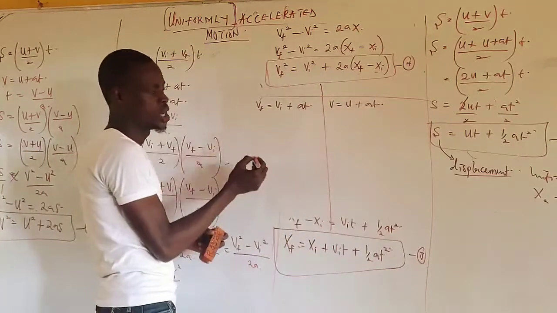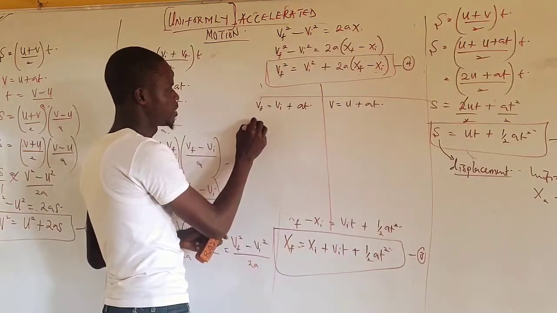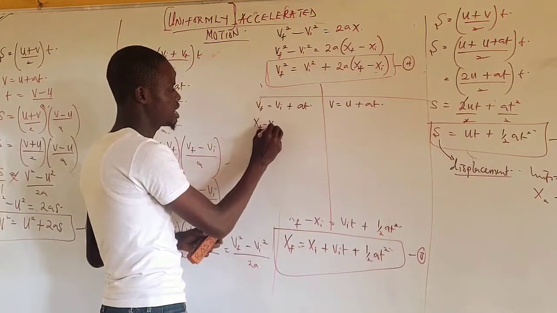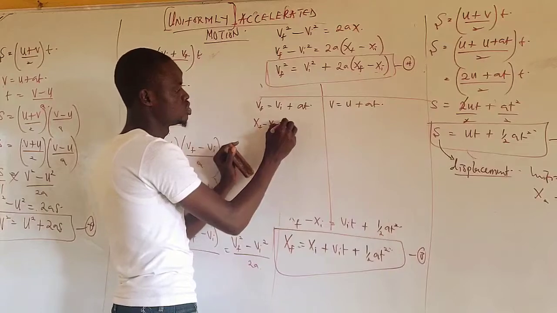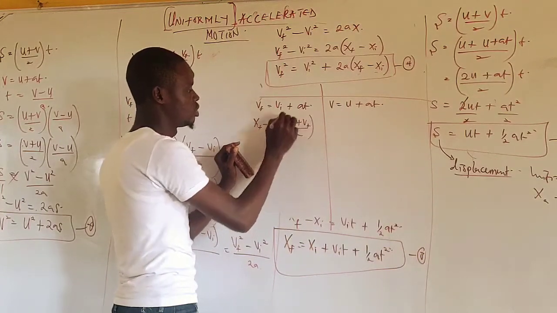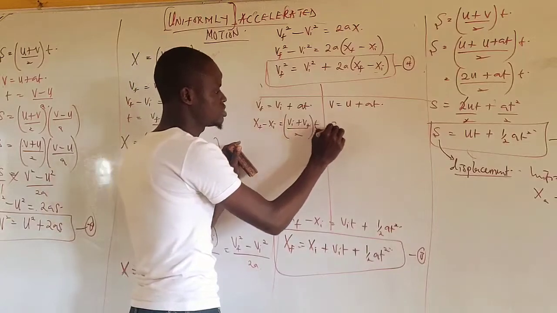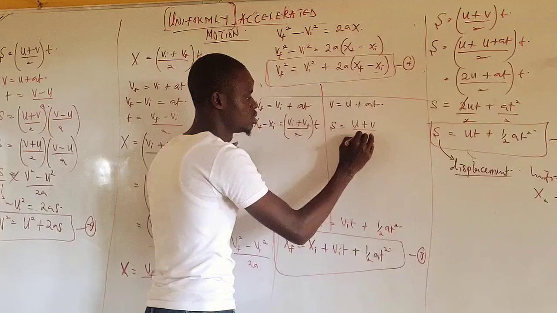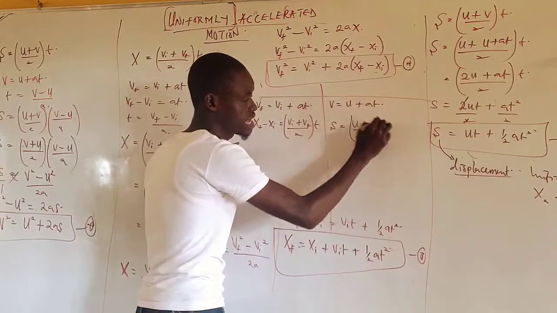My equation 2: xf minus xi equals (vi plus vf) over 2 multiplied by time, which can also be written as s equals (u plus v) over 2 multiplied by time t.